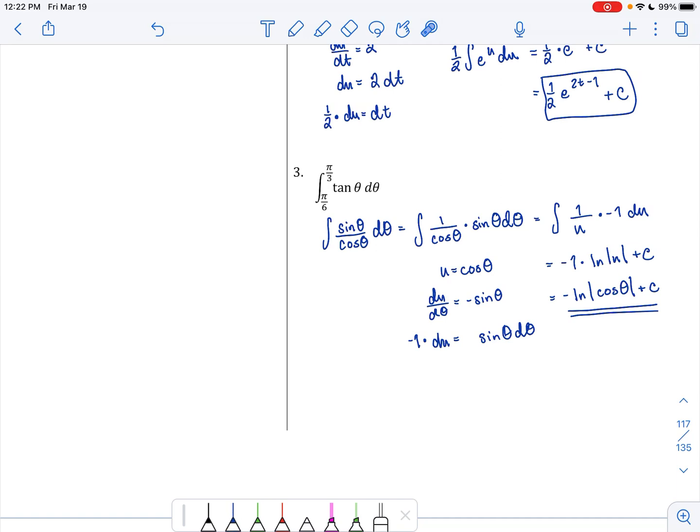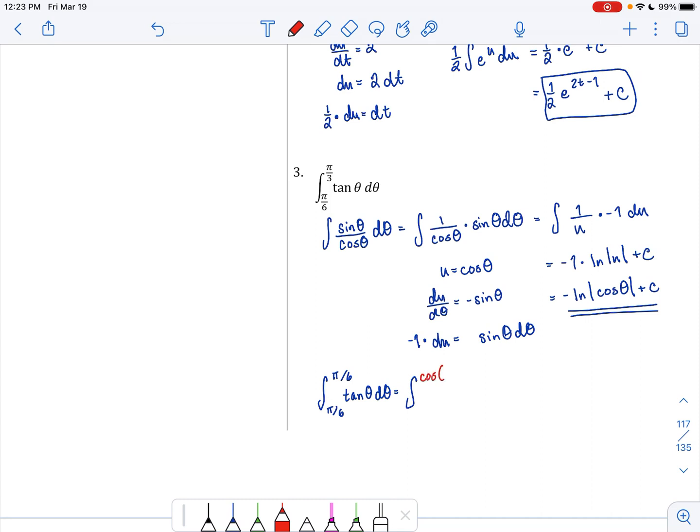Now, if you have bounds, which we do here, we can plug them in using the fundamental theorem of calculus, but there's also a nice trick you can do to make this go a little bit faster. When you have your bounds pi over 6 to pi over 3, tangent of theta d theta, when you do your u substitution, you can just plug the bounds into u.